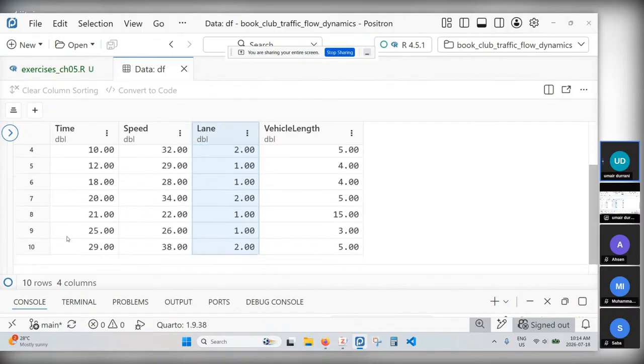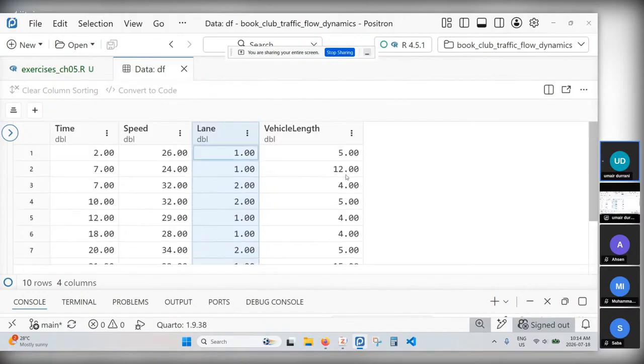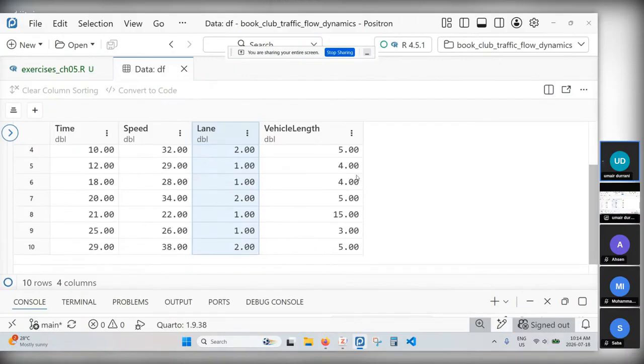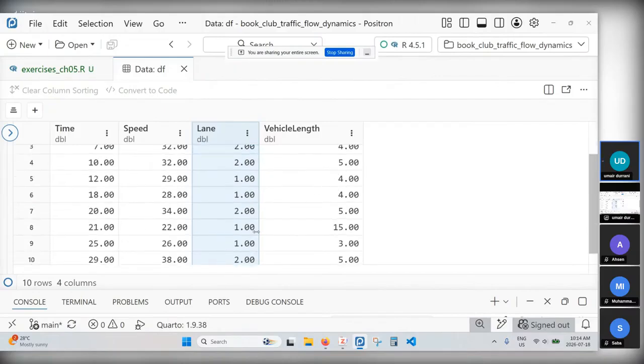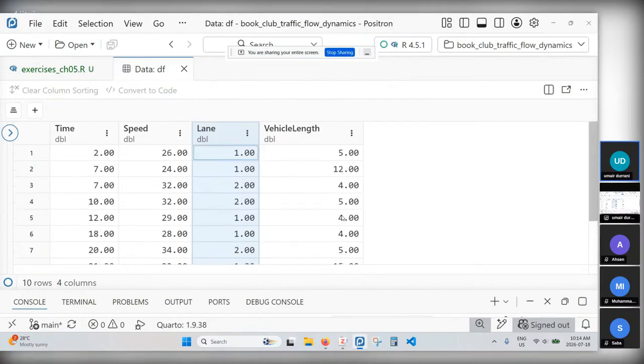So out of these 10 vehicles in the data, two are trucks. If you look at all of the lanes, both lanes, then this is 2 out of 10. If we only look at one lane, then in both cases, these are trucks driving in the right lane, lane number 1. So in that case, it would be 2 out of 6 because there are 6 vehicles in lane 1.